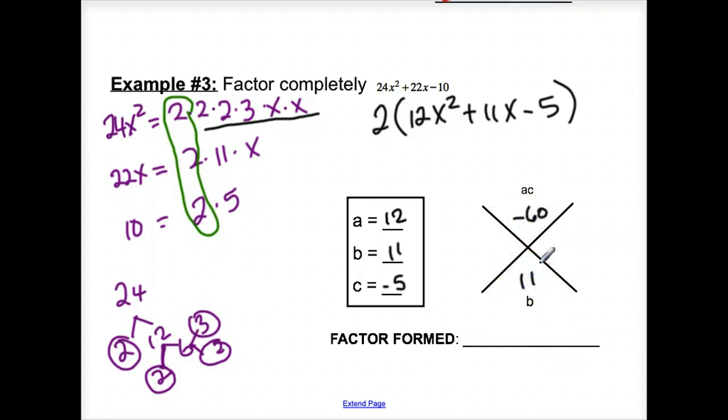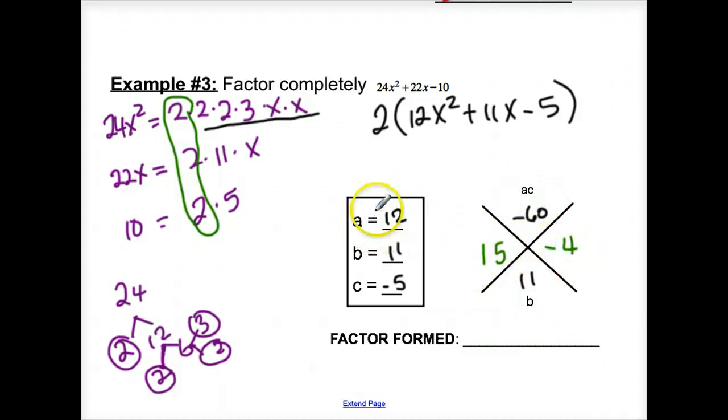So I'm looking for two numbers. When I multiply them, I get negative 60, and when I add them, I get positive 11. So those two numbers are 15 and negative 4. 15 times negative 4 is a negative 60. 15 plus negative 4 is 11.